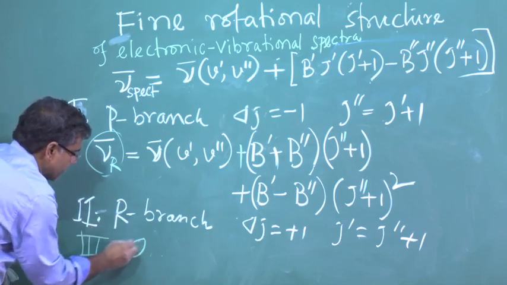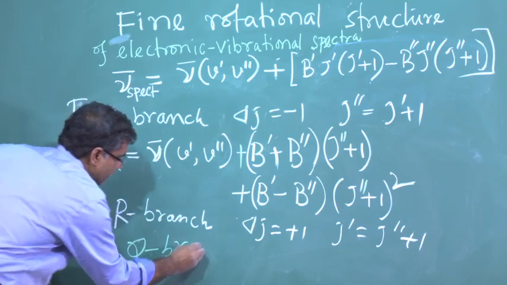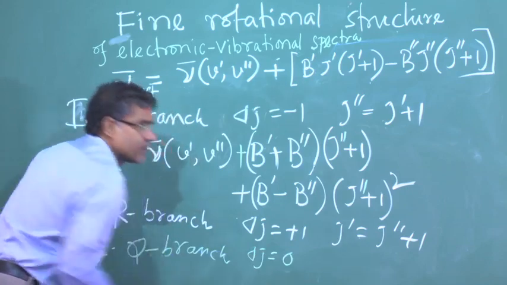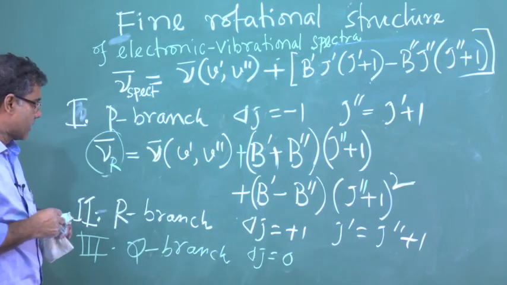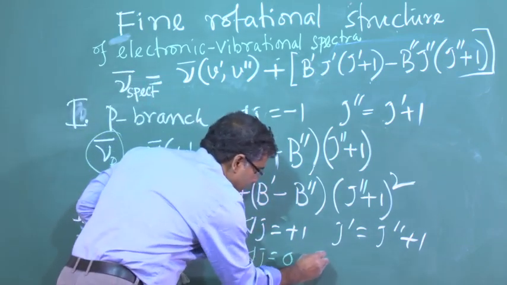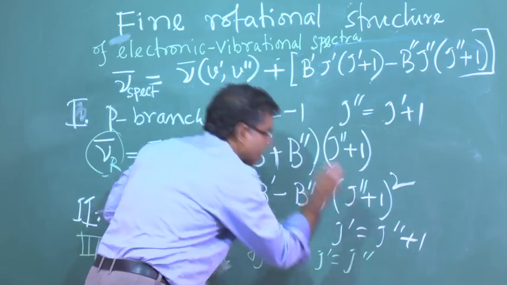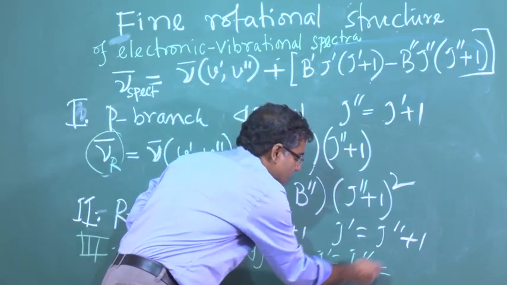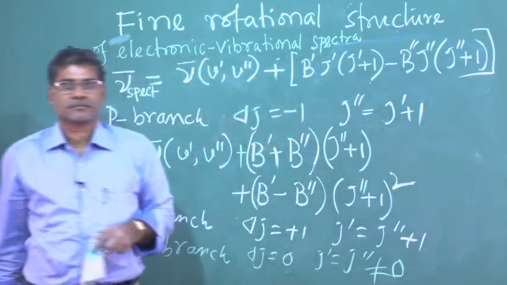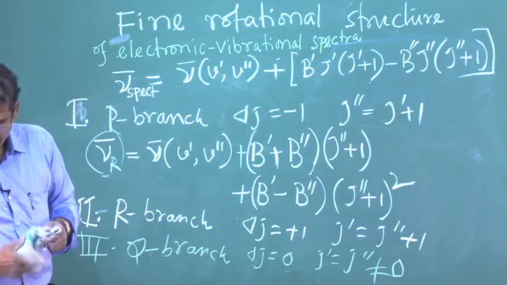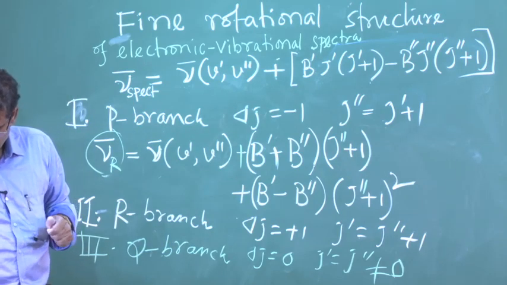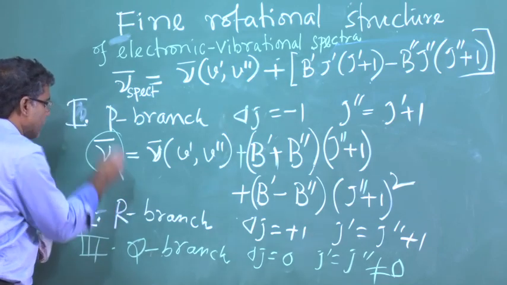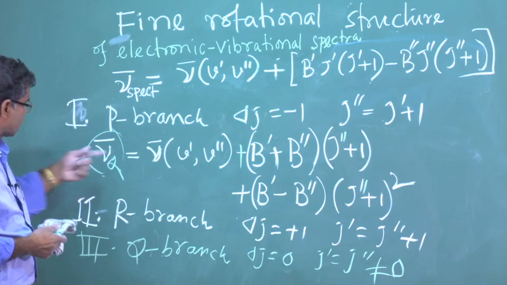you will get the Q branch, where delta J equal to 0, which means J dash equal to J double dash. But J dash is not equal to 0. If you put that in, you will get the Q branch.